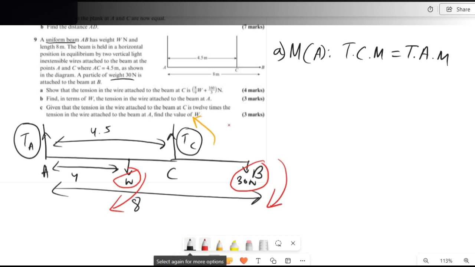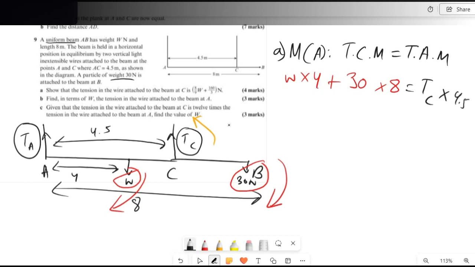So therefore we can say that W multiplied with the perpendicular distance from A, which is 4, plus 30 newtons, which is the force at B, multiplied with the perpendicular distance, which is 8, is going to be equal to the total anti-clockwise moment, which is due to tension at C, multiplied with the perpendicular distance, which is going to be 4.5.